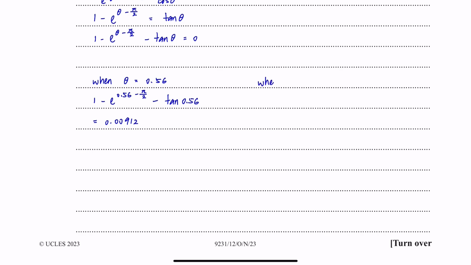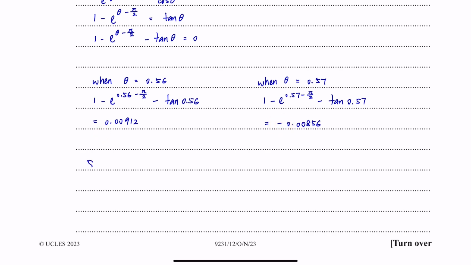When θ equals 0.57, we get 1 minus e to the power of 0.57 minus π/2 minus tan 0.57, and we would get negative 0.00856 rounded to 3 SF. So we can clearly see that there's a change in sign. This is positive, this is negative.